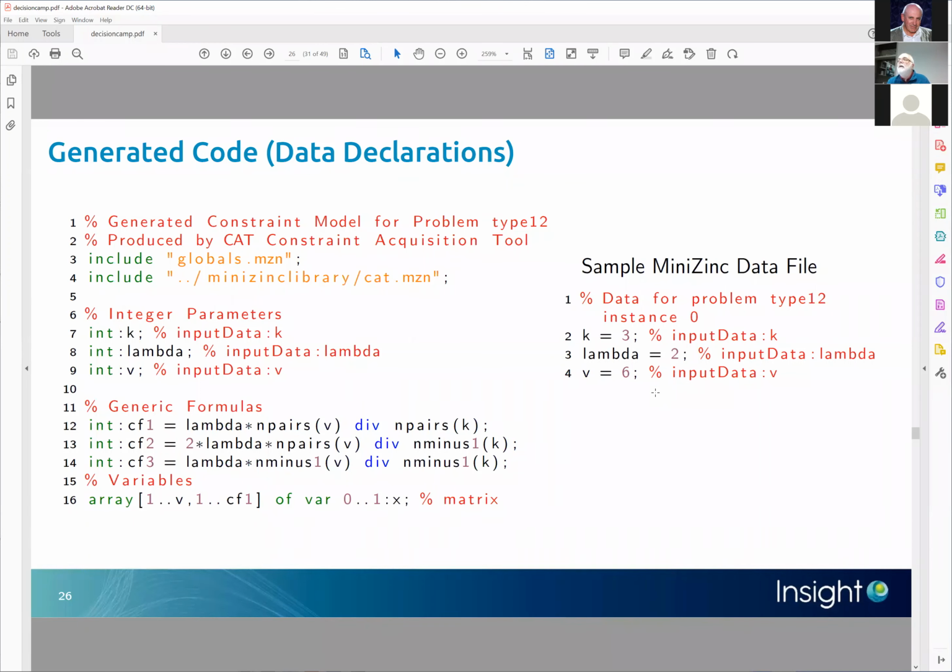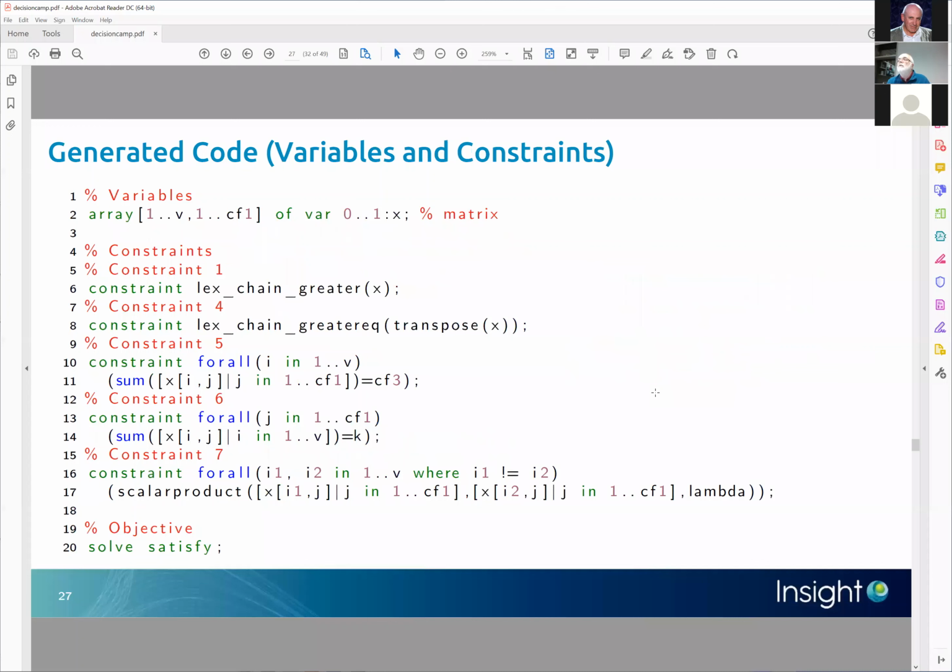We have our variables and we have our constraints. You see the sum constraint and the scalar product that we were talking about. And again, we are trying to find a feasible solution. We do deal with optimization problems as well, but in these cases here, we're only interested in finding a feasible solution. There's no objective.